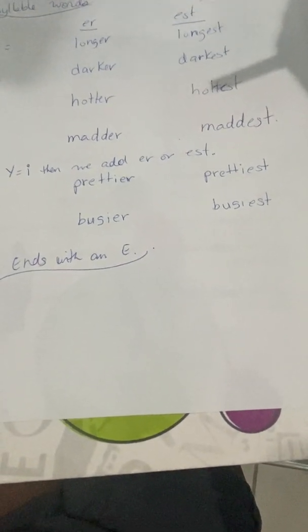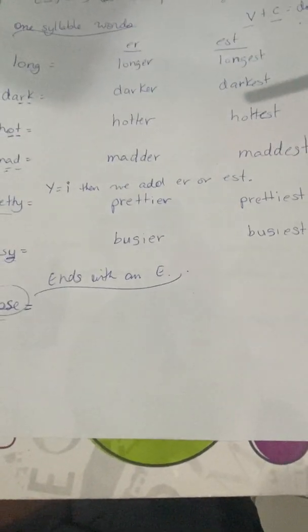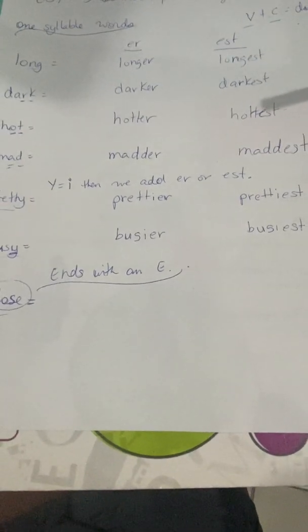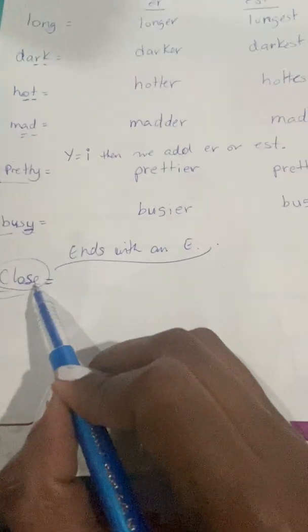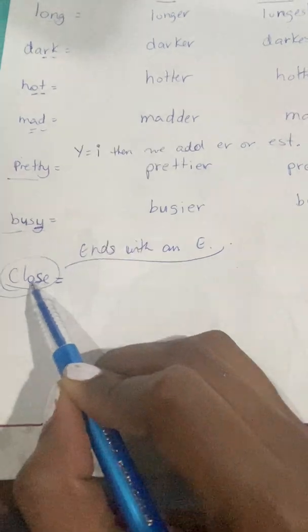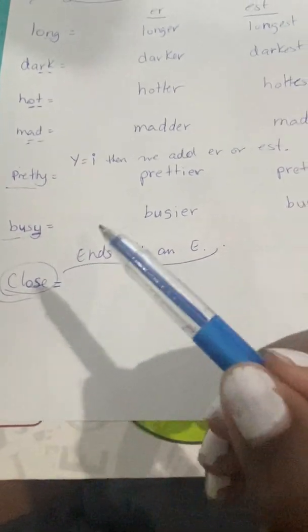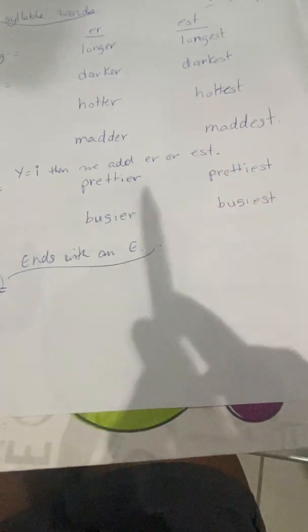There's no need to write closer or closest with two E's, okay? So if it ends with an E, even though that's a consonant and then a vowel, as long as it ends with an E, we just add R or ST.